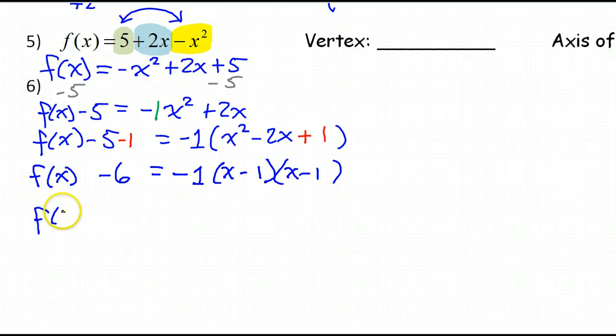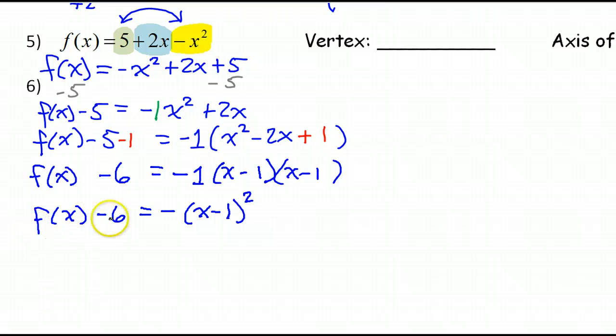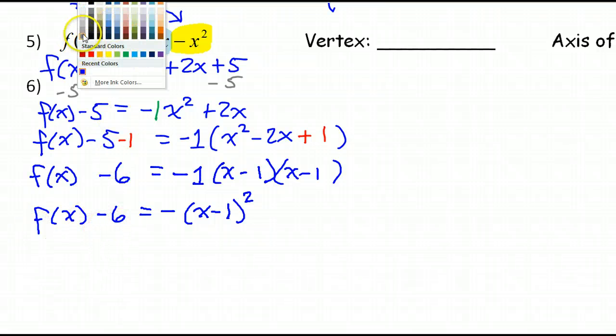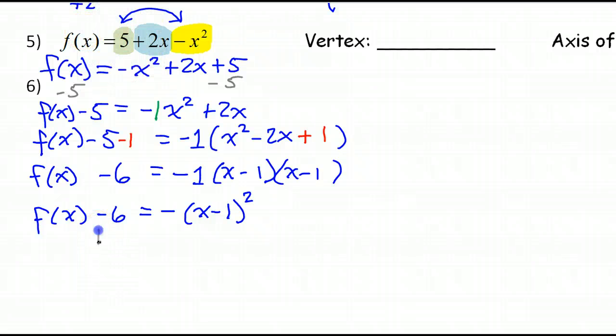So then I will have f of x minus 6 is equal to negative, I'm going to stop putting the 1 now, I think you get what happened, so this will be x minus 1 squared. Finally adding 6 to both sides, so plus 6, plus 6.